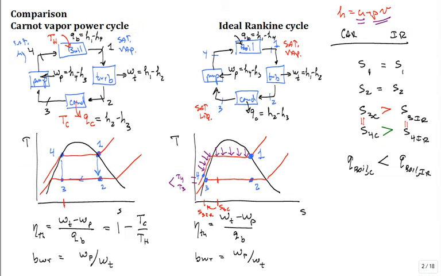I tried to show that the heat going into the boiler for the ideal Rankine, first there has to be some heat to get it up to start to boil. That's a lot of heat. It's bringing in subcooled liquid. It's got to take that 60 degrees C water and bring it up to 295. Those are the numbers we threw around last time. That's a lot of energy just to heat it up from 60 to 295 with no phase change.